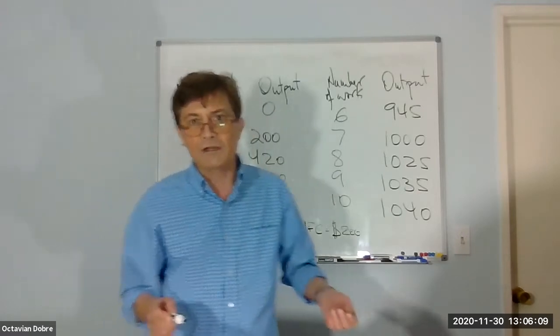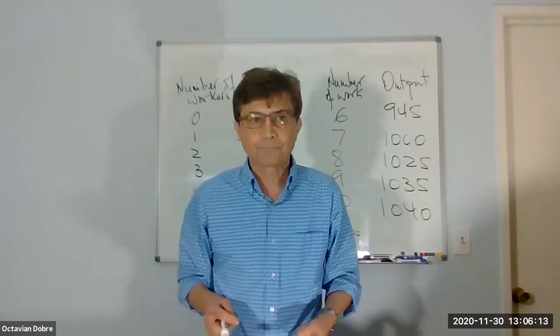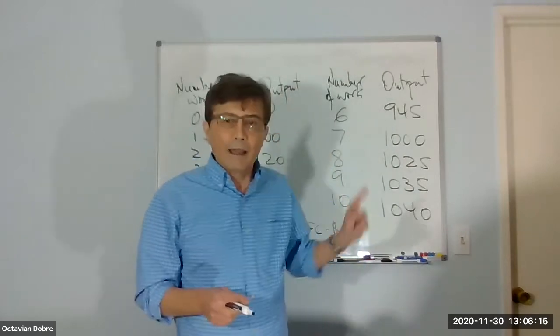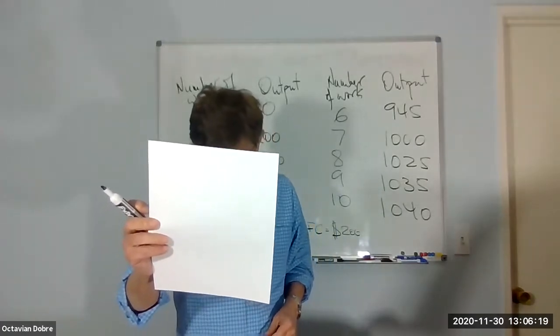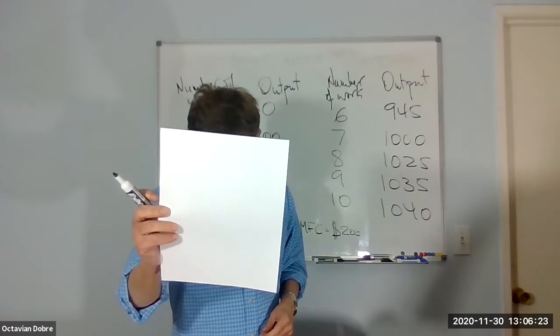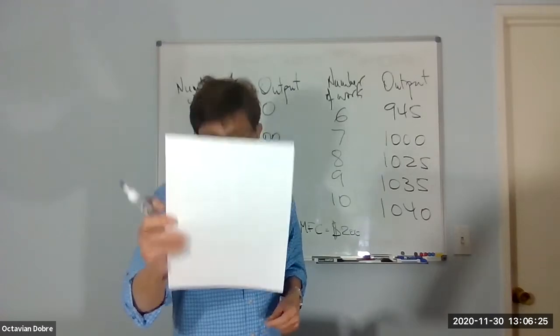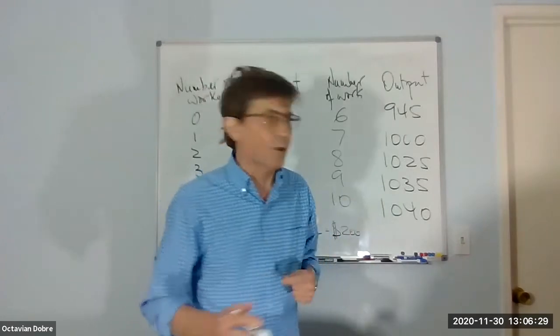So the wage that we're paying each worker is $200. And then they tell us that to get the firm to hire 8 workers, so what we need is to hire 8 workers.